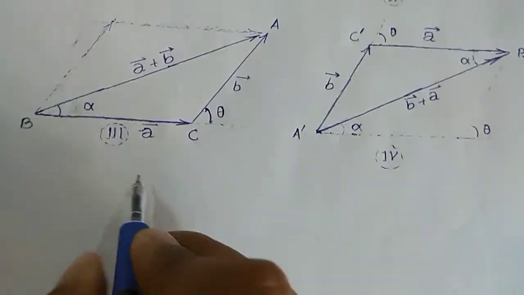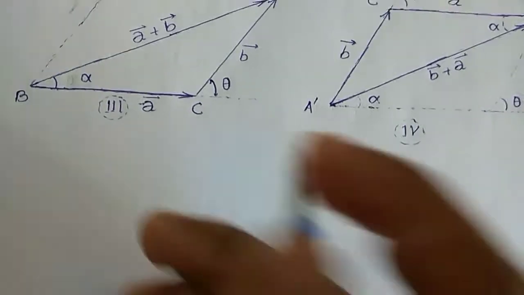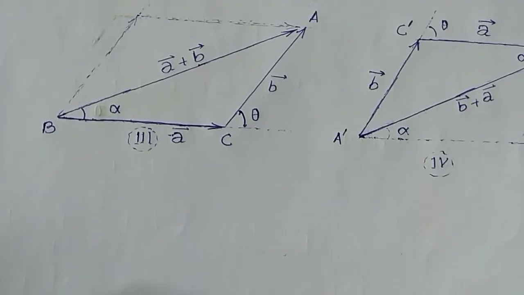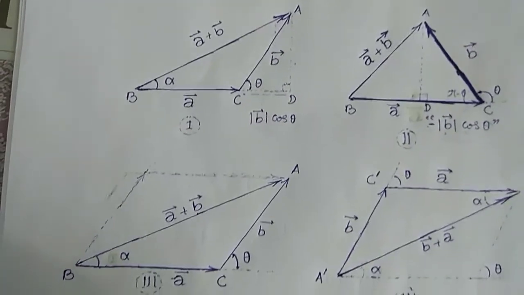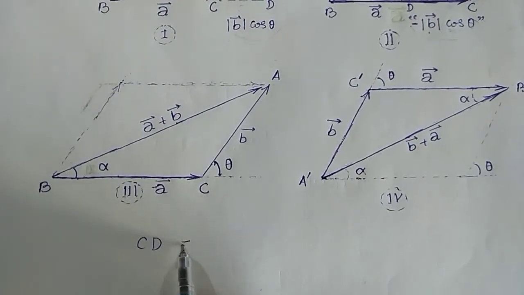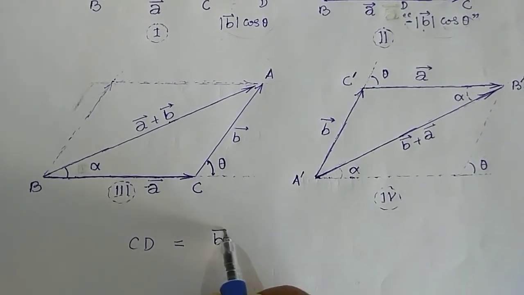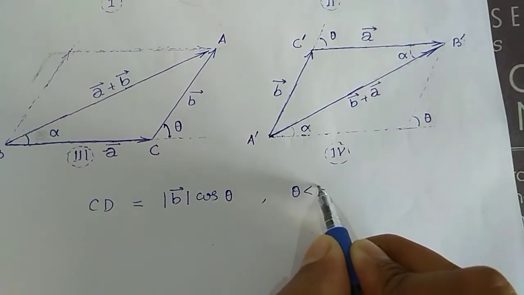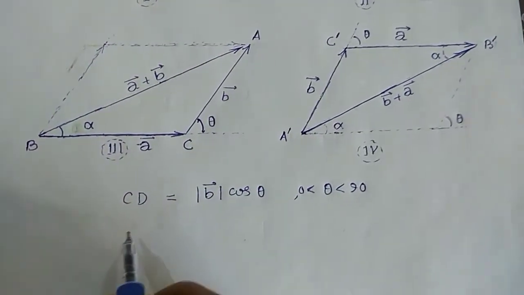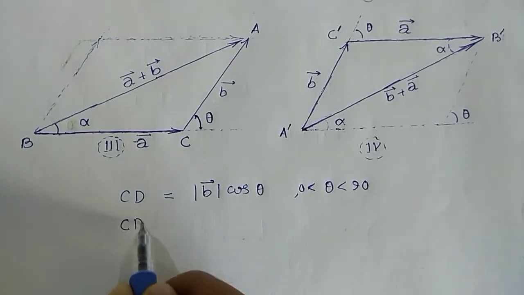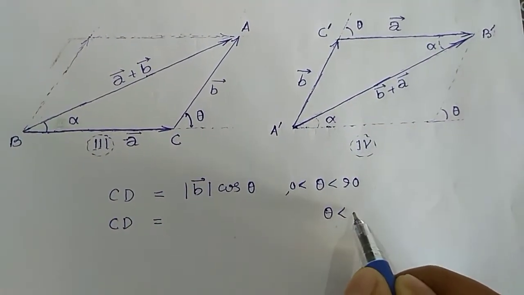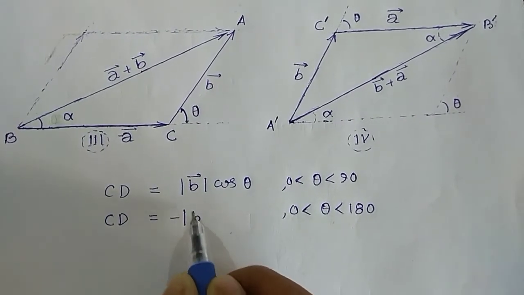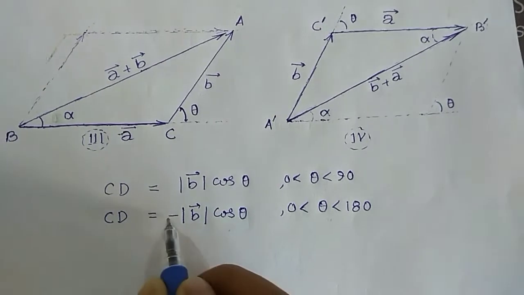That is, the length CD will be mod of B cos of theta if theta is an acute angle, and if theta is an obtuse angle, it will be mod of B cosine of theta with a minus sign.